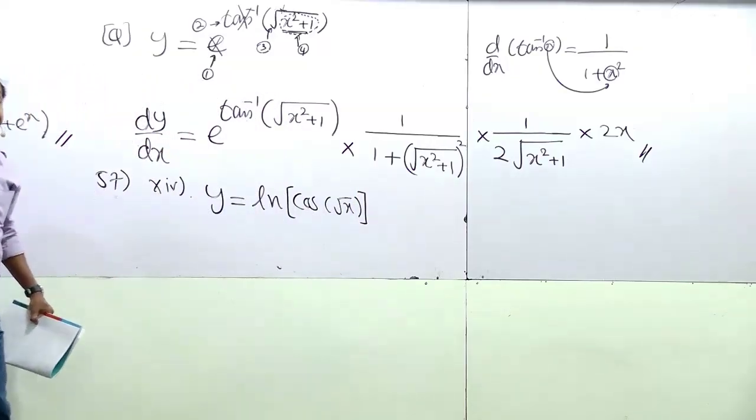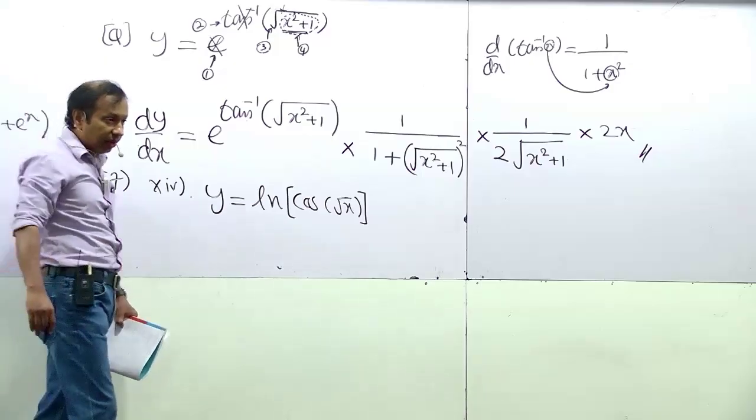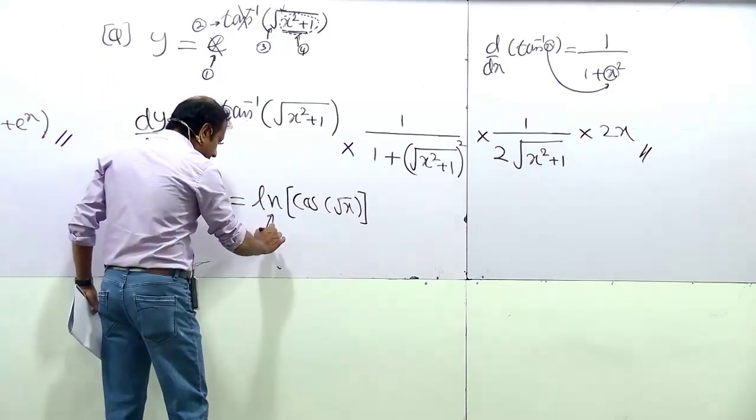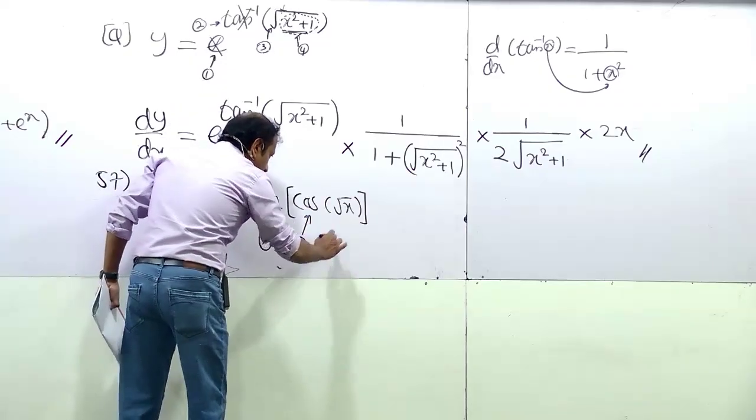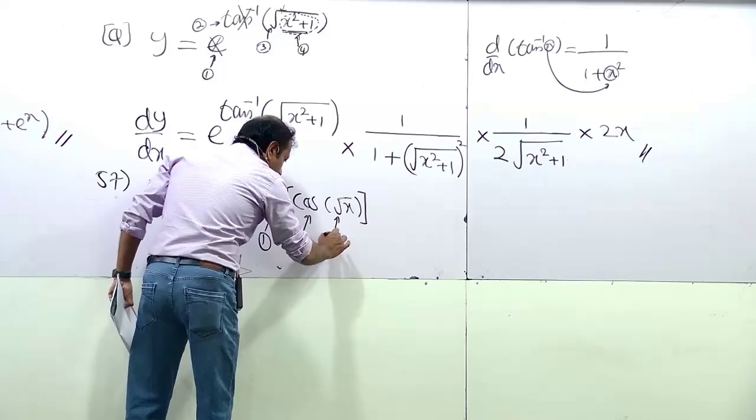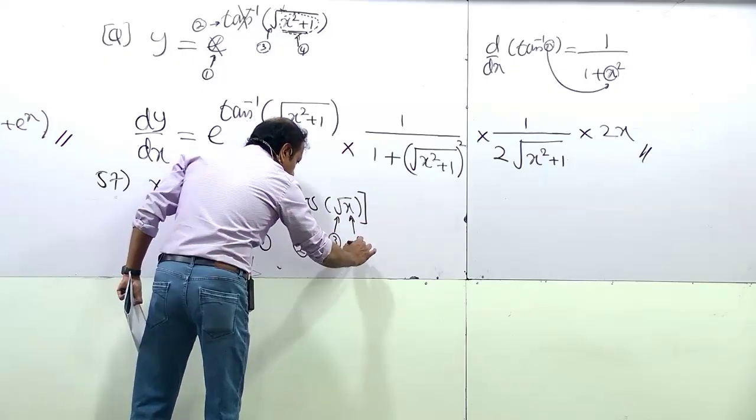Tell me the order. First ln, number 1. Second is cos, number 2. Third is root, number 3. Fourth is x.